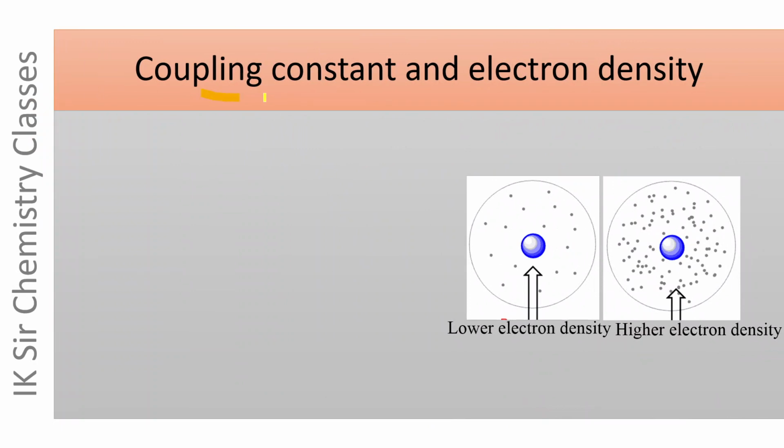Coupling constant and electron density. Here we have two nuclei, the electron density around this nucleus is lower, while the electron density around this nucleus is higher.